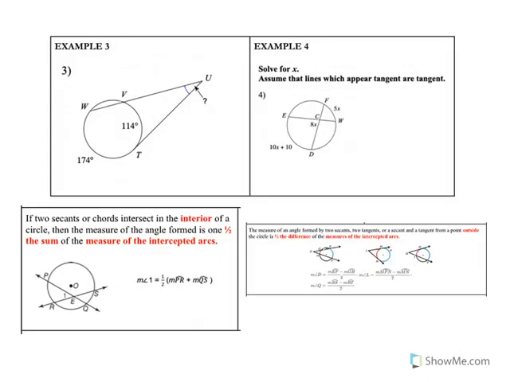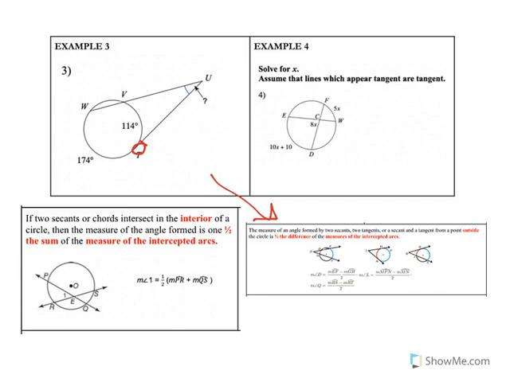All right, now we're at the secants or chords. This one here goes with this example. So the measure of an angle formed by 2 secants, 2 tangents, or a secant and a tangent. In this case, it's a secant and a tangent. This is this point of tangency, and this is a secant because it keeps going. From a point outside the circle, that measure is half the distance of the measures of the intercepted arcs.